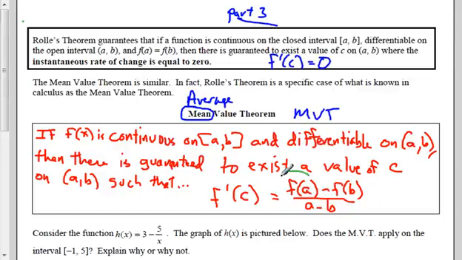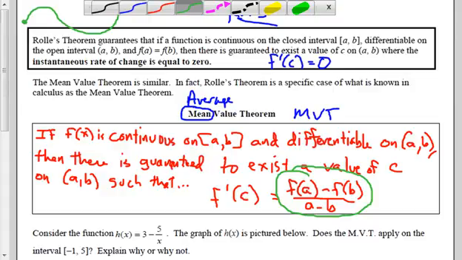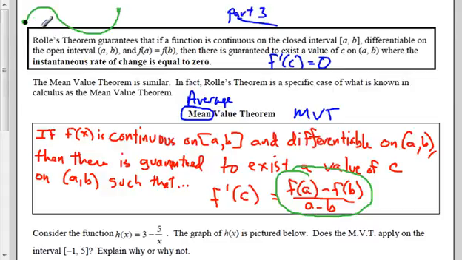Hopefully this looks familiar. And again, if here's my a and there's my b, and I have any function here, what we're saying is that f of a and f of b are the y values of these two endpoints, and a minus b are the x values.